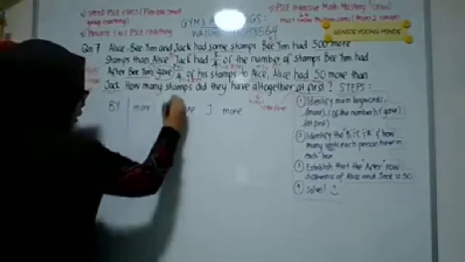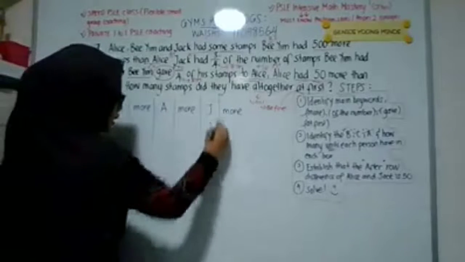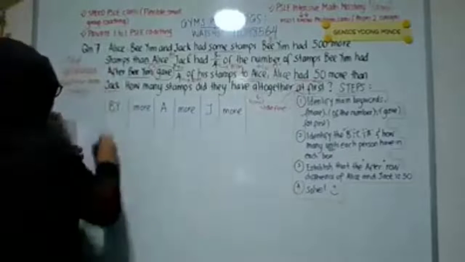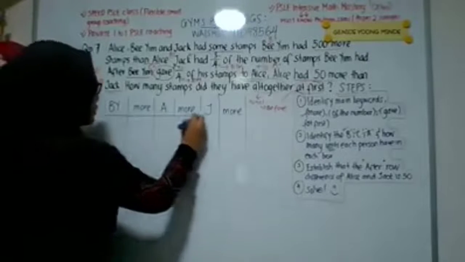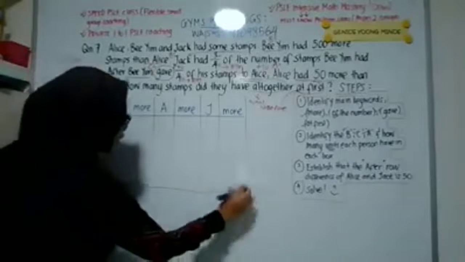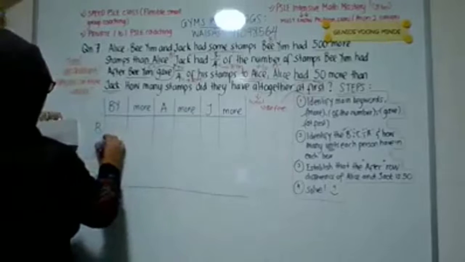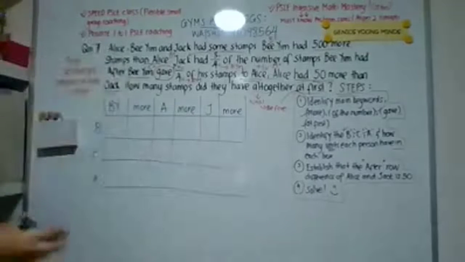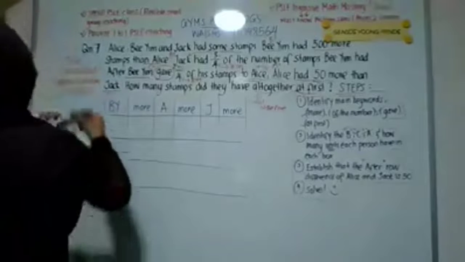So this is how the table is going to look like. Then we put our before, change, after. Then we draw back our box. So we have the before, change, after. This is how my box looks like.